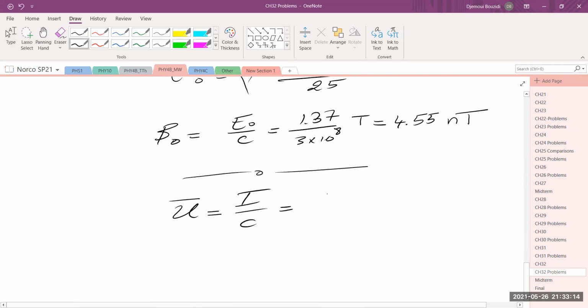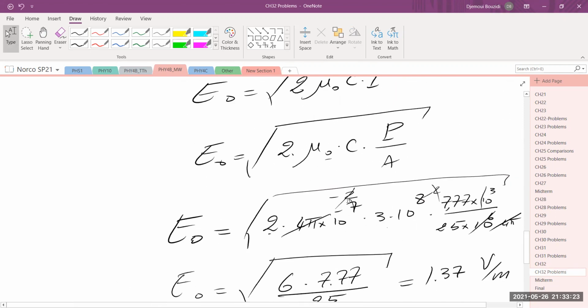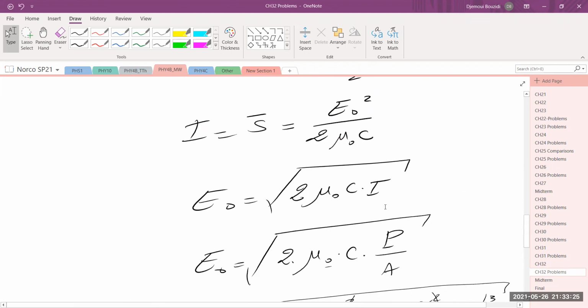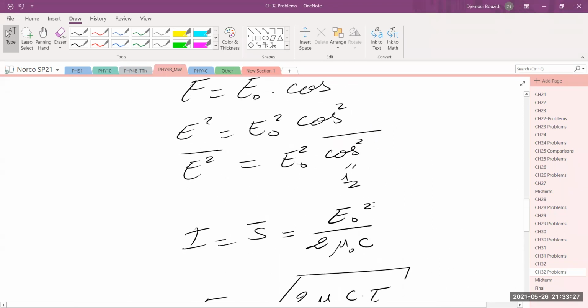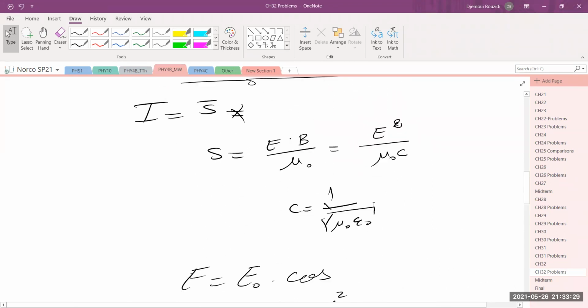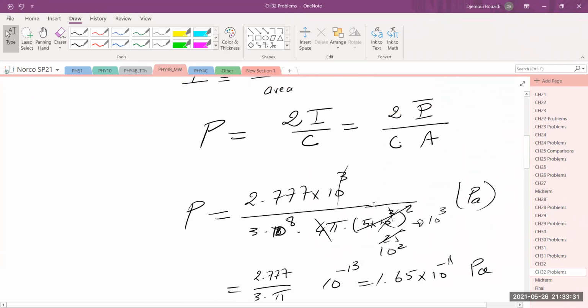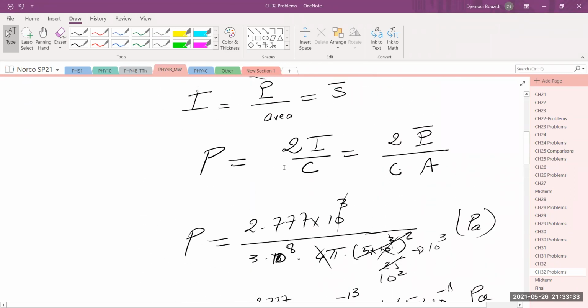And I over C, we have the I again, which is the power divided by A times C. And we did this number already when we did the perfectly reflecting. Had this been not perfectly reflecting, had it been perfectly absorbing, this number would be 1.